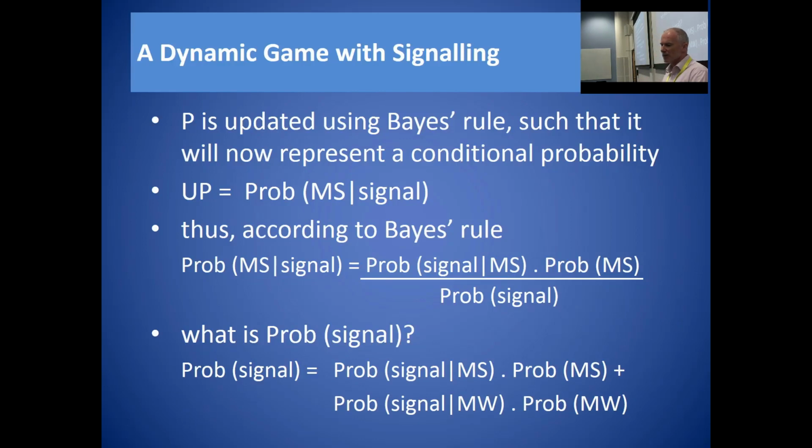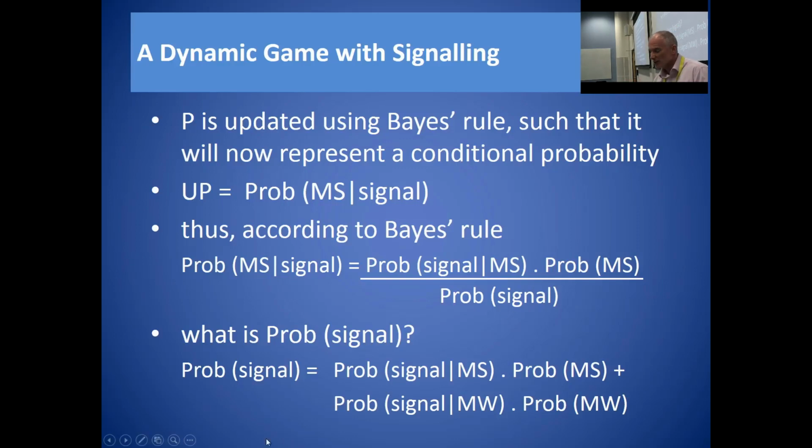Well, the probability that the signal is sent, again, is a contingent probability. Who would send the signal? Well, the weak monopolist would send the signal, or the strong monopolist would send the signal. So the probability that the signal is sent is the probability that the signal is sent, given that the monopolist is strong, multiplied by the probability that the monopolist is strong. Then add to that the probability that the signal is sent, given that the monopolist is weak, multiplied by the probability that the monopolist is weak.